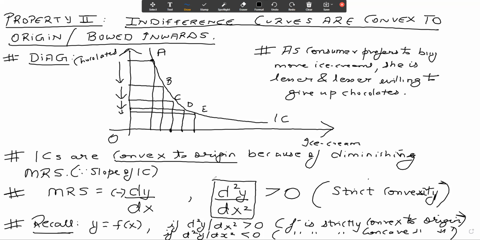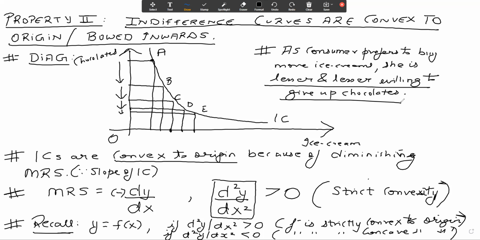Logically also, you can argue that as the consumer keeps on consuming more and more of one good, the consumer would be lesser and lesser willing to give up the other good. Because when you start losing something, it becomes more important for you. Basic psychology.